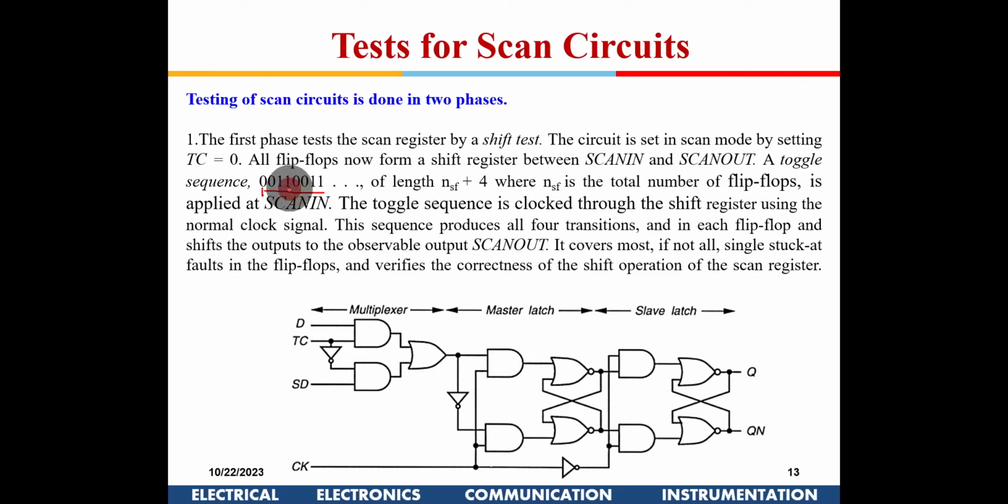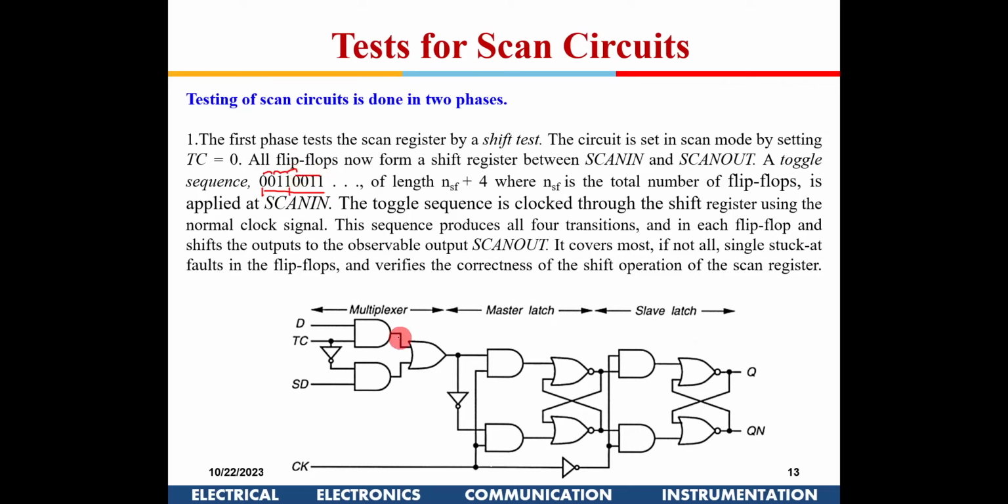When I go from 0 to 0, the flip-flop going from 0 to 0 will be verified. When I go from 0 to 1, the next pattern, the flip-flop changing from 0 to 1 will be verified, then 1 to 1 will be verified. Then I repeat 0 0 1 1 once more, so the 1 to 0 transition will also be verified.